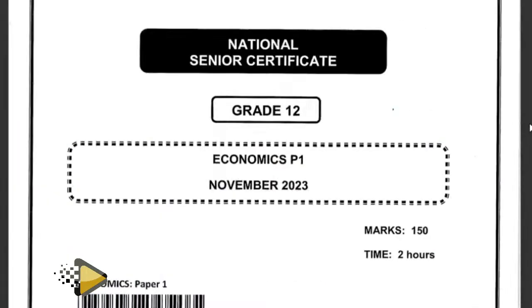Okay, right. So now, remember, grade 12s, I always tell you that before you can jump onto answering questions, you should always make sure that you go through the set of instructions and information given. So now the structure of the question paper under economics, it has 3 sections.